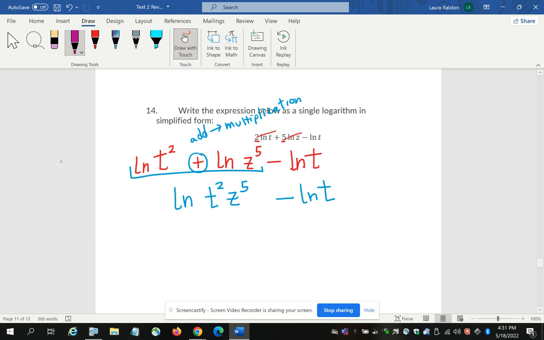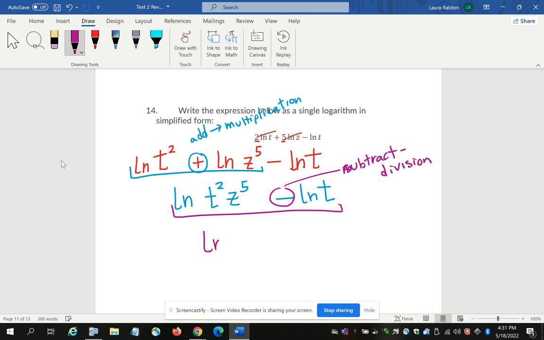Then I have two terms that are connected by a minus. Minus or subtract is rewritten as division. So I have the natural log of t squared z to the fifth over t.